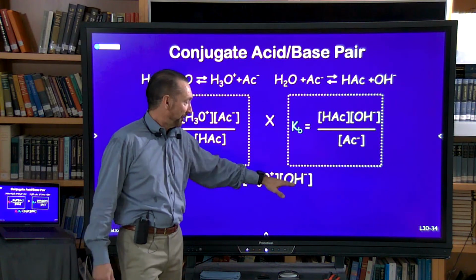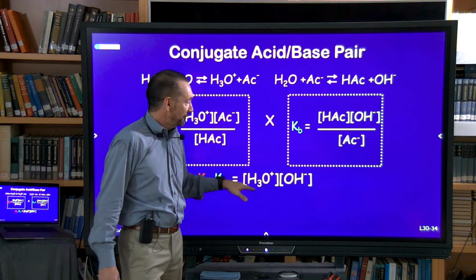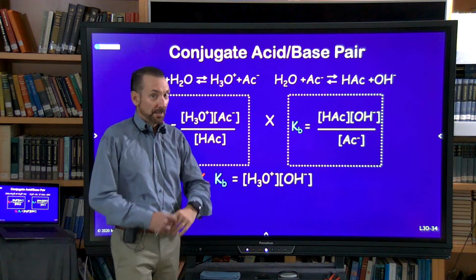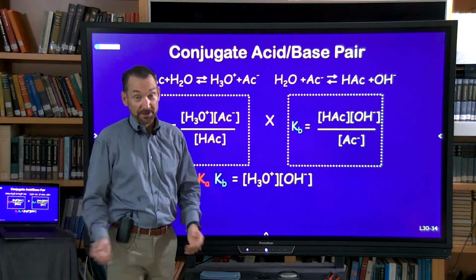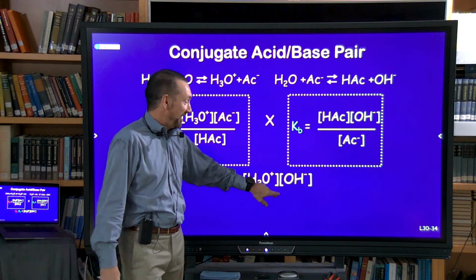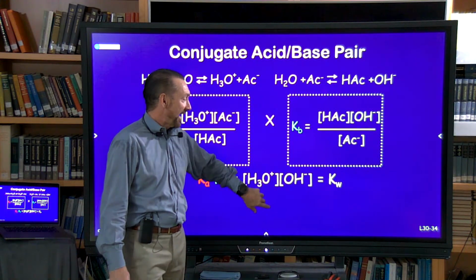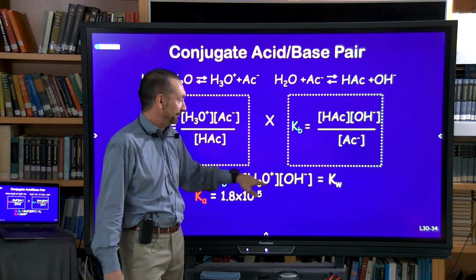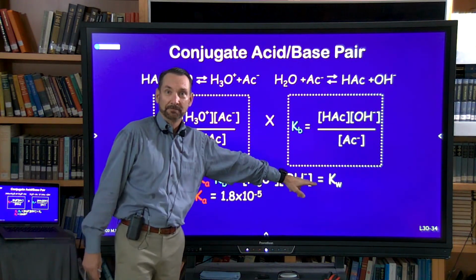We know what that number is. The product of those two numbers in water, wherever water is present at 25 degrees, anywhere, is locked at 10 to the minus 14, Kw.